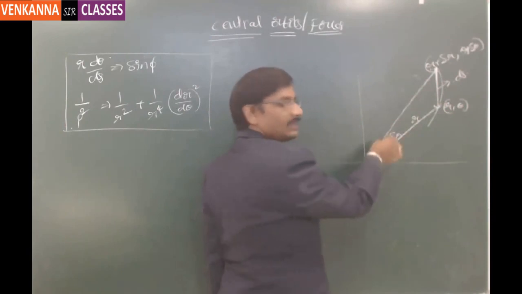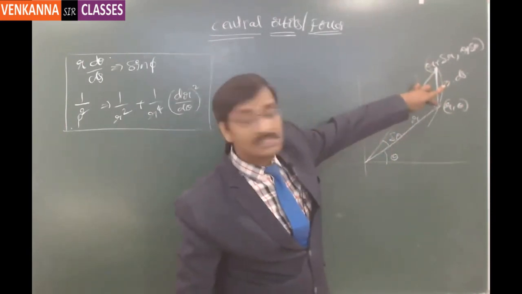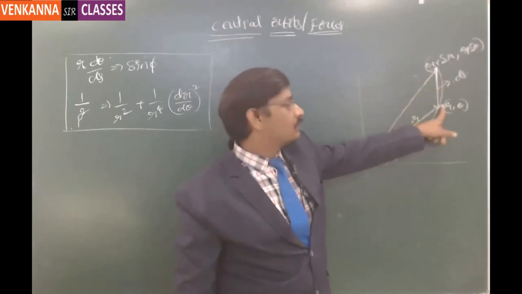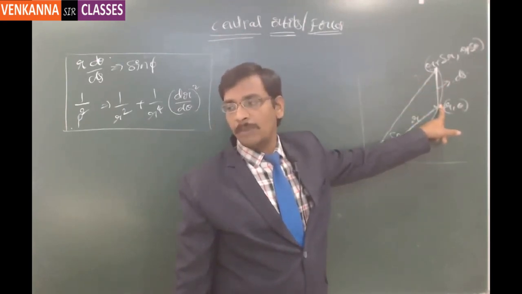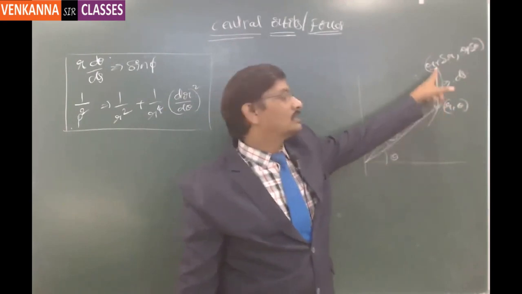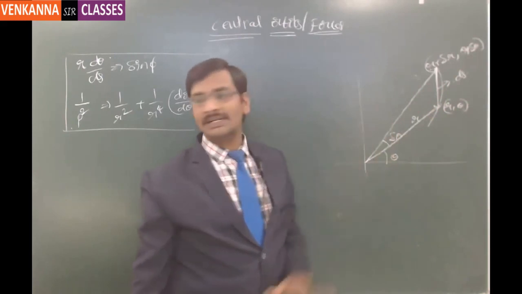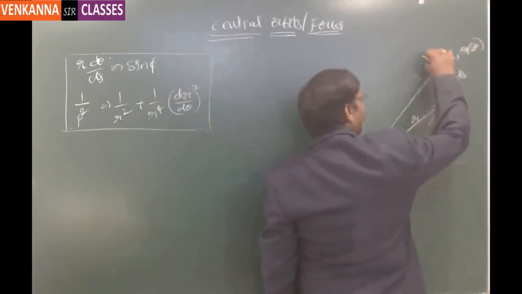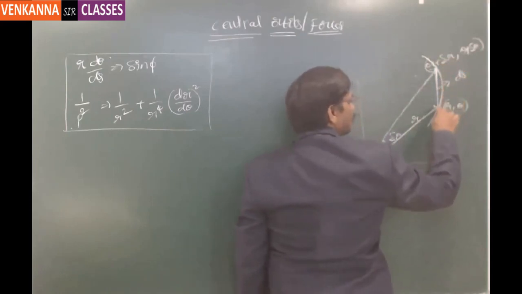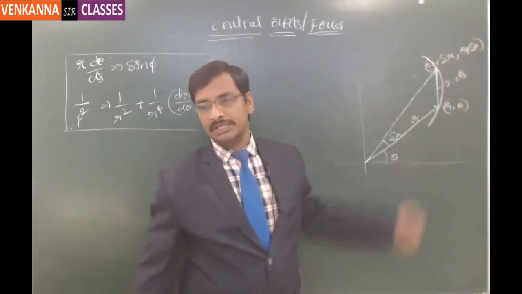That means delta theta tends to 0, and then this line comes and matches this line. Then this small portion is as if it is a straight line. So for approximation purposes this arc can be treated as a straight line if delta theta tends to 0. But for our understanding, if I draw a bigger line, it will be far easier to understand rather than drawing it almost closer or at zero distance, right?